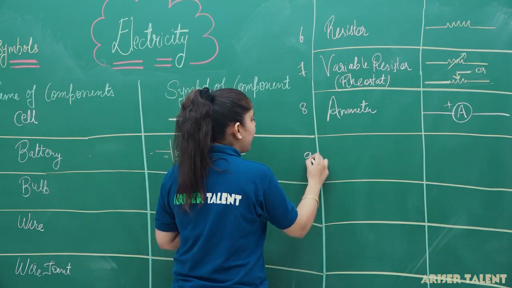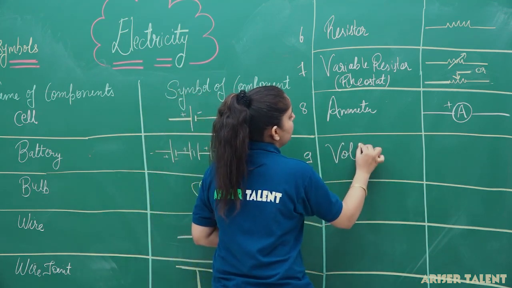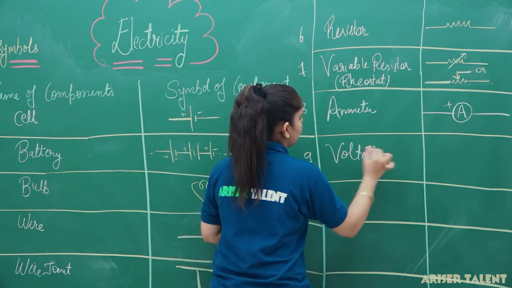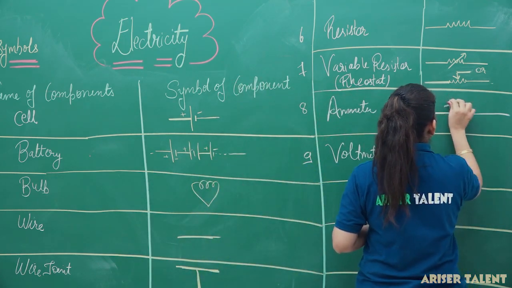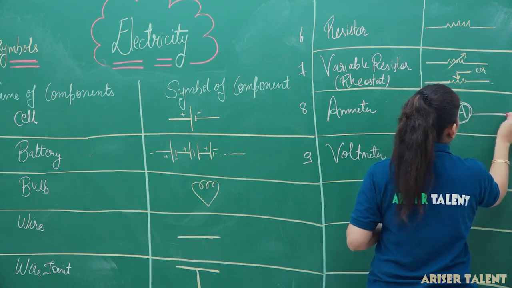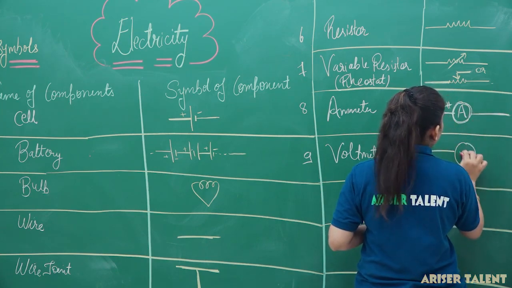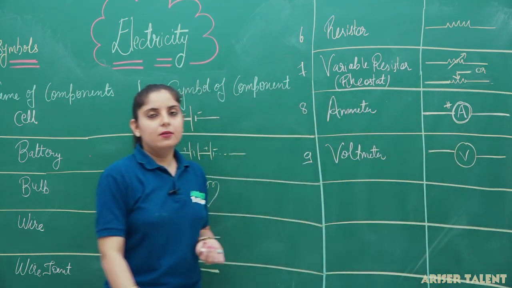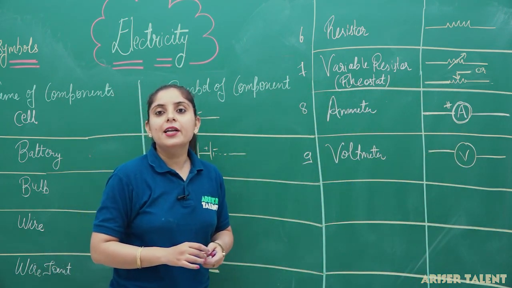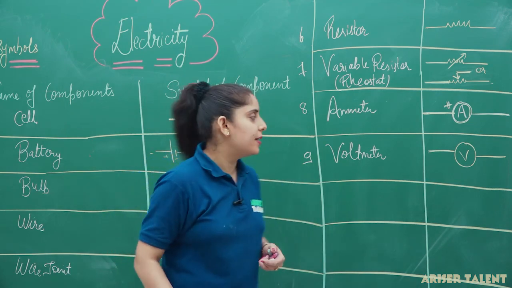Now, the ninth component we have is the voltmeter. How will we draw the voltmeter? The voltmeter will be drawn similarly. This is the symbol for the voltmeter. We have also used keys in the circuit.